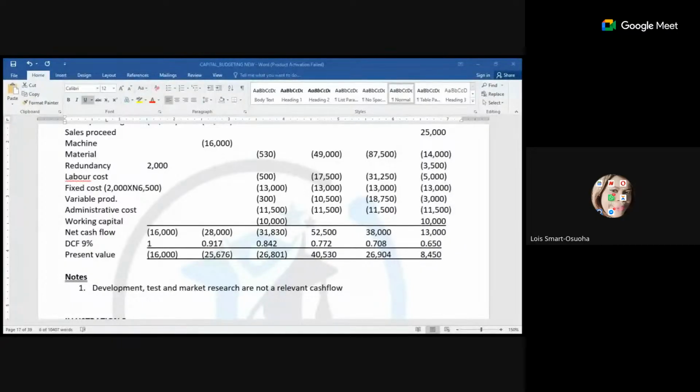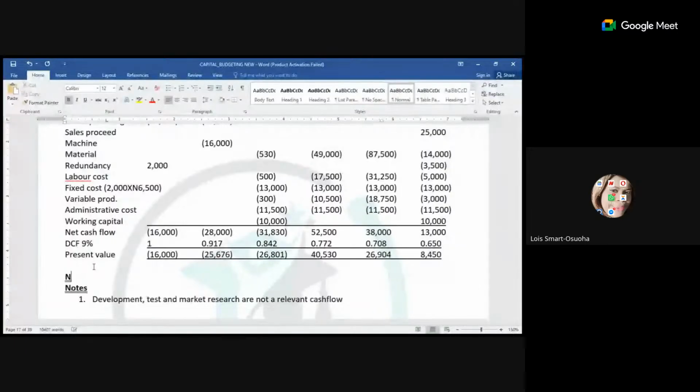I just want to get how you got the value of the present value. Net cash flow multiplied by the discount factor, the rate. Okay, so for year 2, that's 28,000 times 0.917.